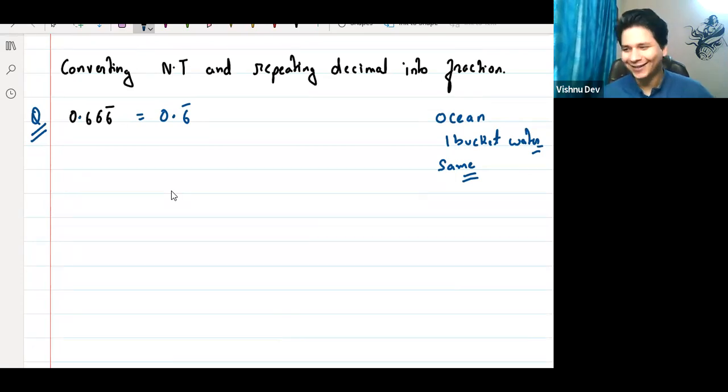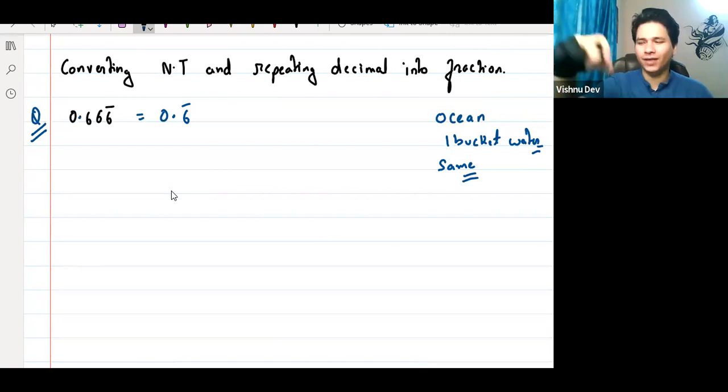The concept is, if there is something unlimited, even if you remove some amount, it will be the same. One digit is repeating multiple times. So step one, identify the number of digits which is repeating. And it is after how many decimal places? Only one decimal place, yes or no?